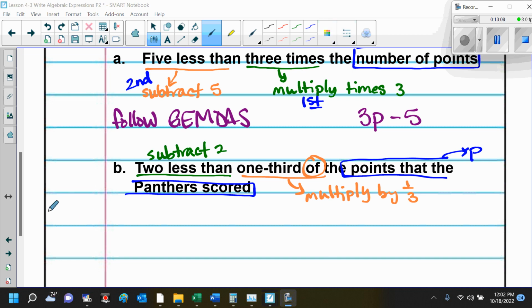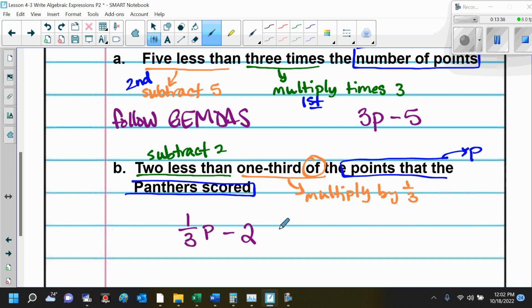So what are we going to do first? We're going to do the multiplication first. Very good. So we're going to multiply 1/3 times the number of points. So 1/3 times P. And then what are we going to do with that? Subtract 2. So now minus 2. Is everybody clear?